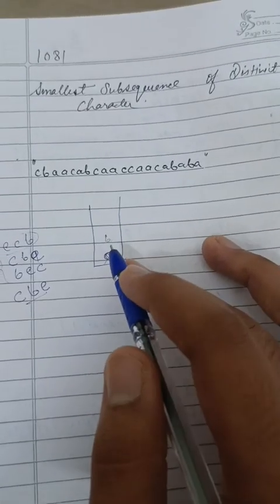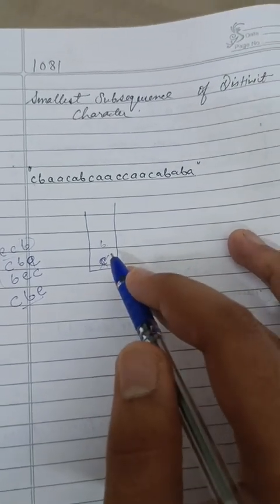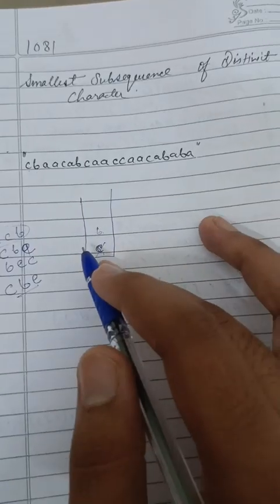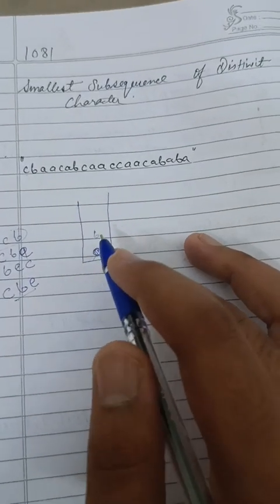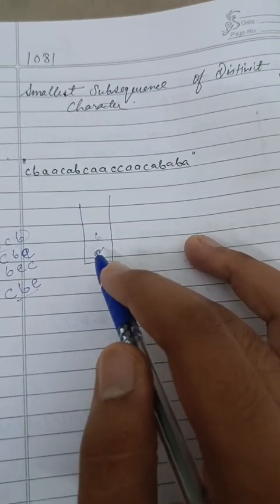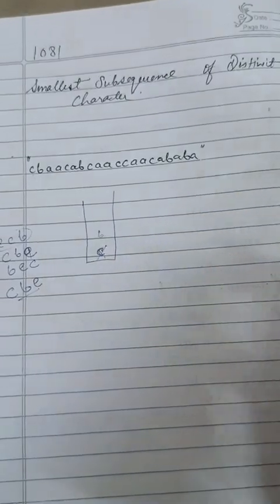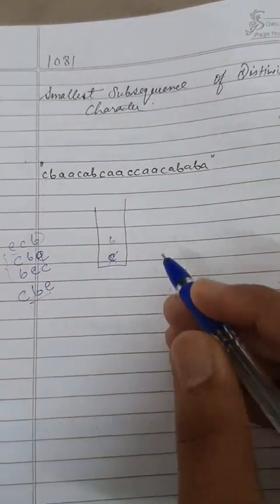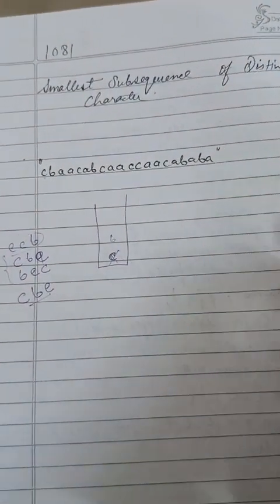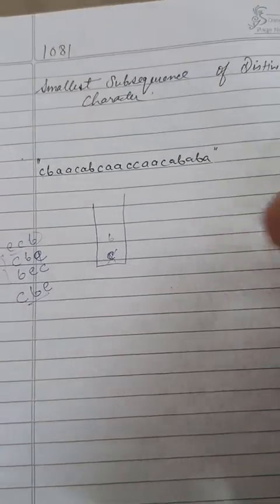If its occurrence is greater than 0, that means I can remove that topmost element. Or if not, then I have to just insert that element above it only.